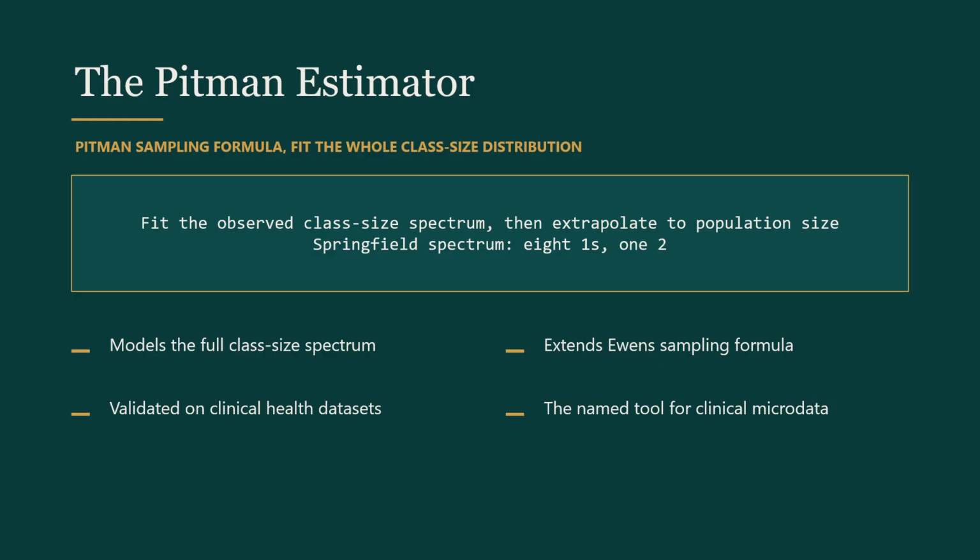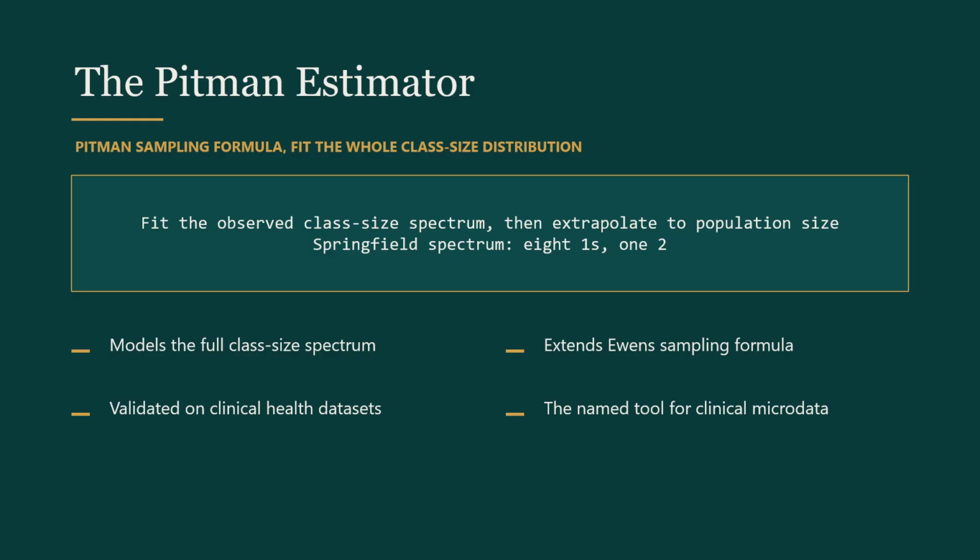Zayats used one summary quantity, the sampling fraction. Pitman uses the entire shape of your data. Recall Springfield's class size spectrum, 8 classes containing 1 record and 1 class containing 2 records.